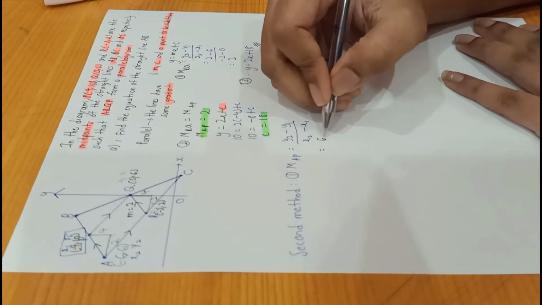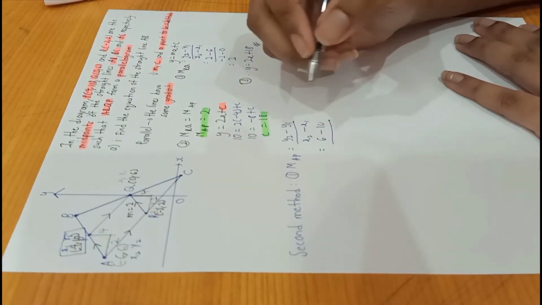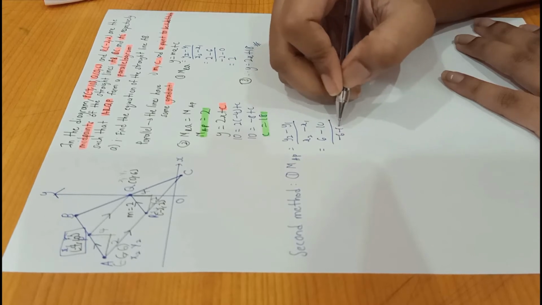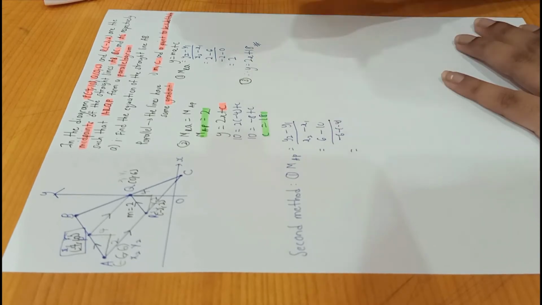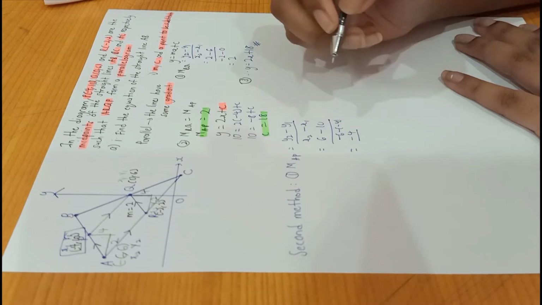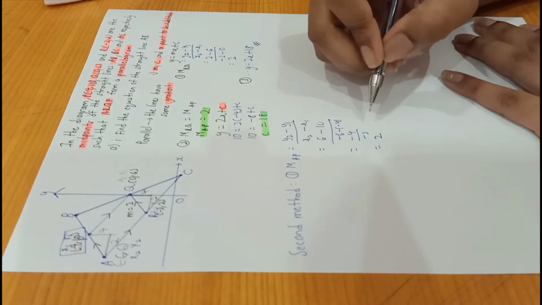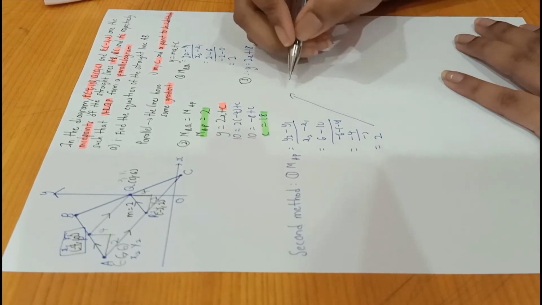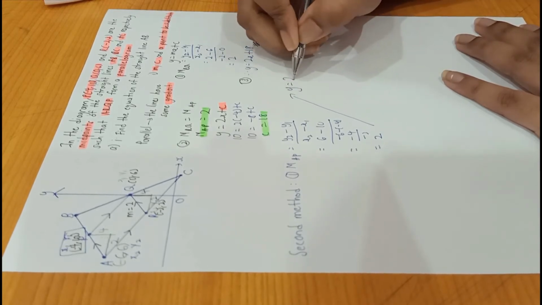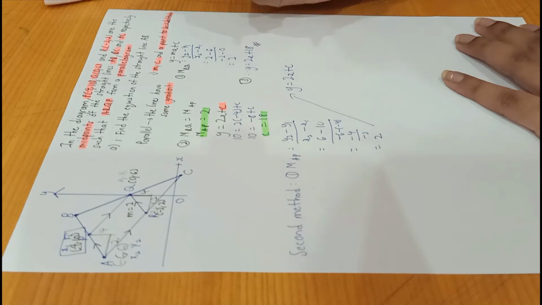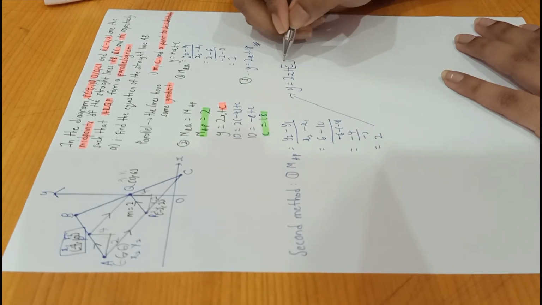So 6 minus 10 over negative 6 minus negative 4 equals negative 4 divided by negative 2, which equals 2. So we already have y equals 2x plus c. Now we need to find the c-intercept.